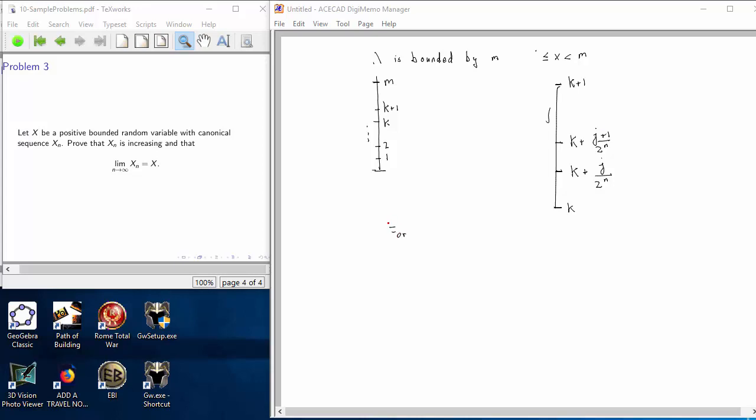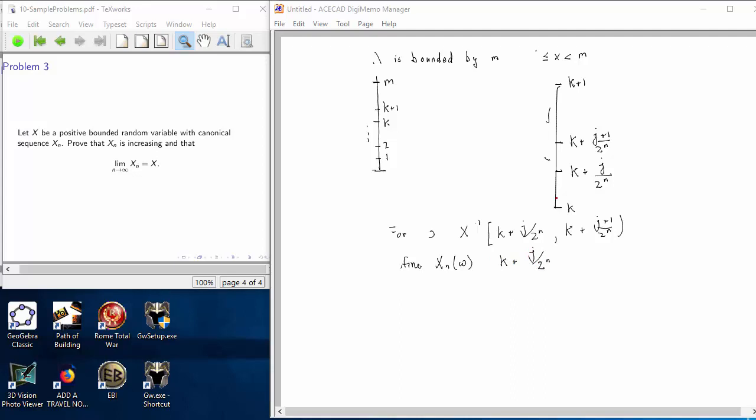And now, if I consider some point in the sample space, omega, that leads to a value in this region, that is in the inverse image of the interval that starts here and extends up to, but not including, the upper limit, I just define the random variable x sub n for that omega to be equal to the value at the lower bound.